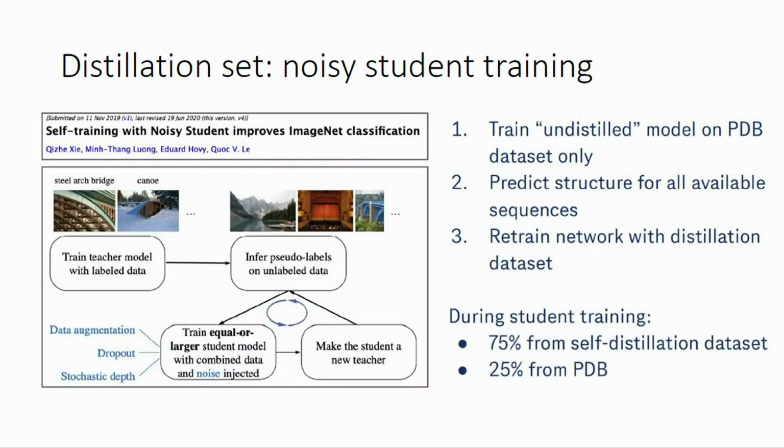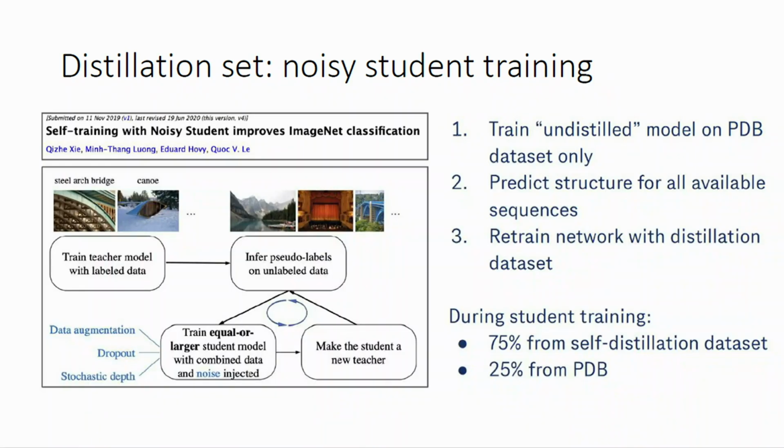Cool. So now we talk about datasets. Of course, there are some solved crystal structures that are very accurate from the Protein Data Bank, but that's still not a lot of them. And we know how much more sequence data is available in real life compared to the solved structure data.